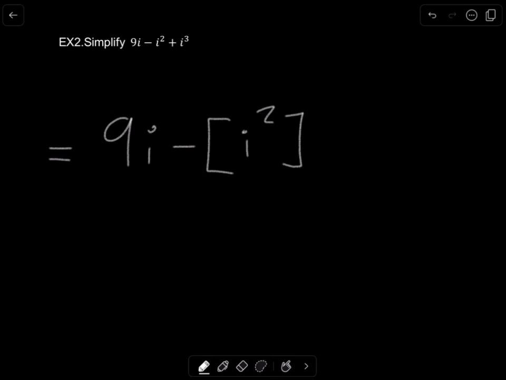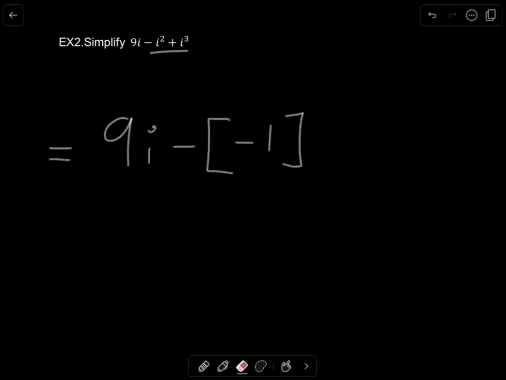Now i squared, we know that is minus 1. So if you just said i squared is minus 1, you may have erroneously written 9i just minus 1. You would not have accounted for the double negative, so don't make that mistake.